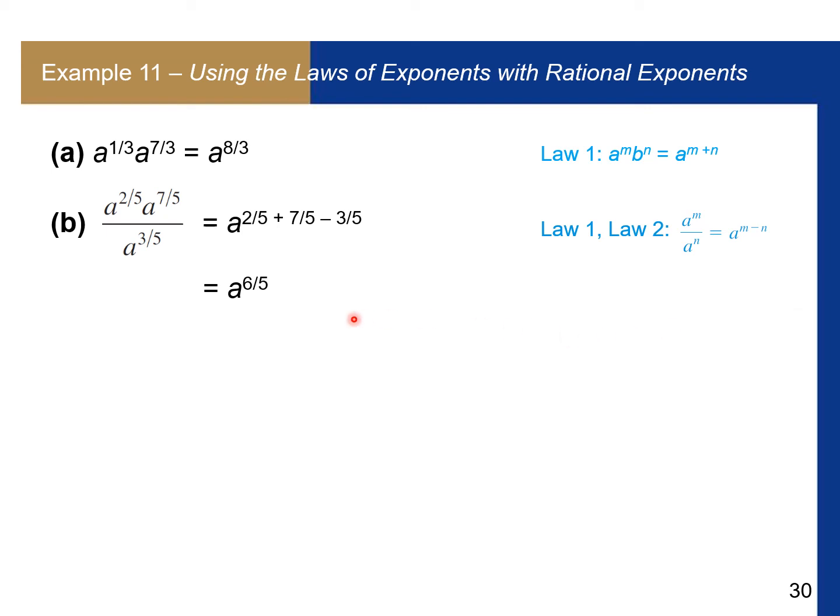Now, I usually teach this another way. One thing that I do often here is, since I have a to the 6/5, we know that 6/5 is 1 and 1/5, right? And there's a reason that I'm doing it this way, because this 1 value here tells me how many a's I'm going to have on the outside of the radical.